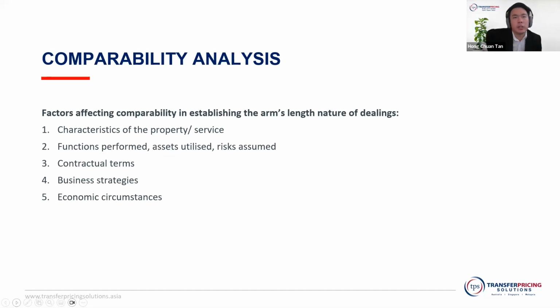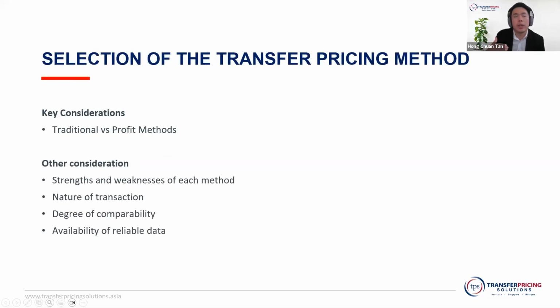First, we are looking at the strengths and weaknesses of each method. Then on top of that, we need to look at the nature of the transaction. Is it a simplified transaction, or is it a highly complex transaction where a hybrid method may be used, for example, but rarely. Then we have to look at, for each method and the transaction itself, the comparability requirements, and the degree of comparability of that transaction as well, right?